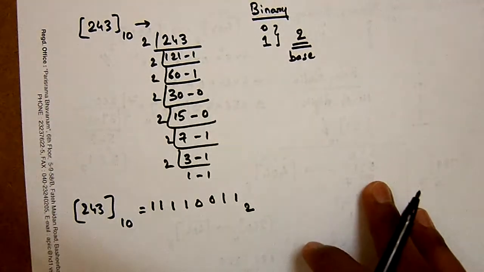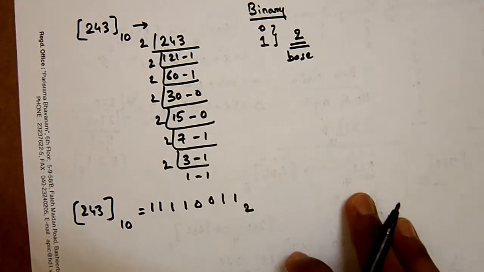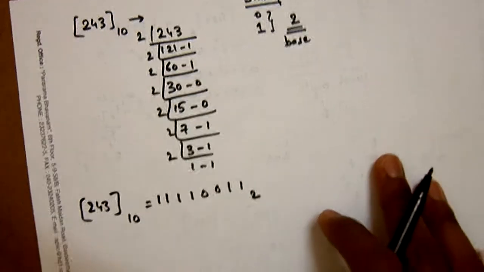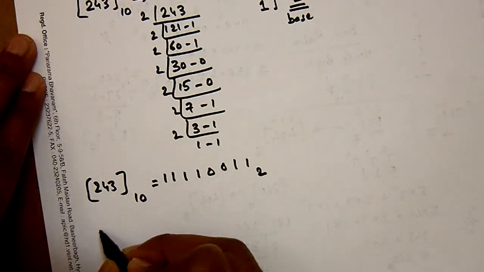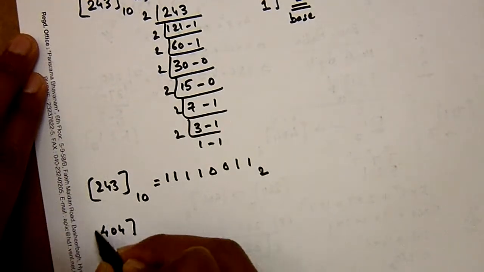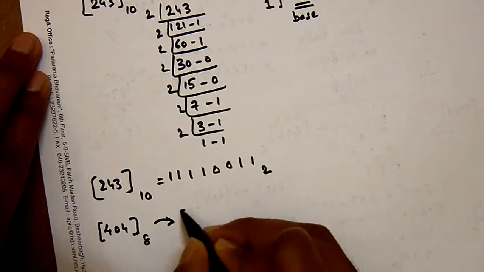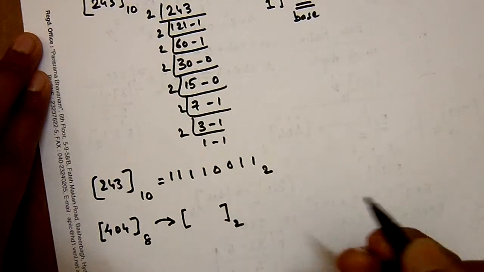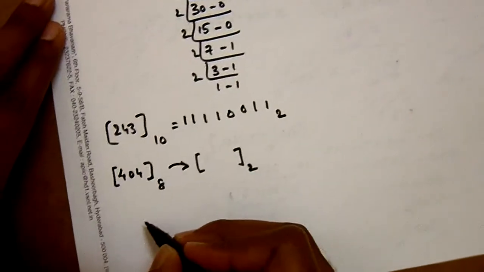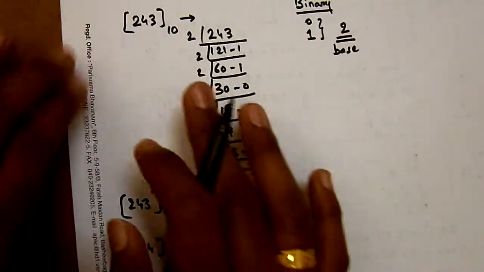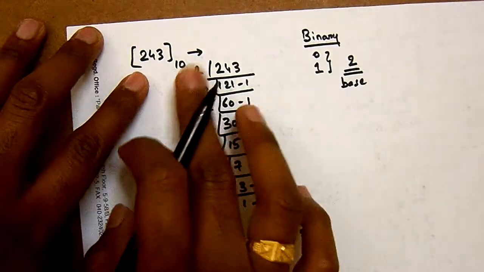As simple as that. If anyone asks you to derive, for example, the previous example that we did, if we are having 404 to the base 8 and someone asks to derive an equivalent binary, very simple again. Anything you have to convert into decimal first.